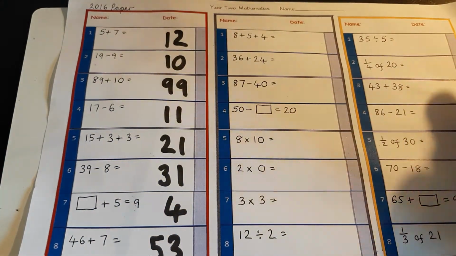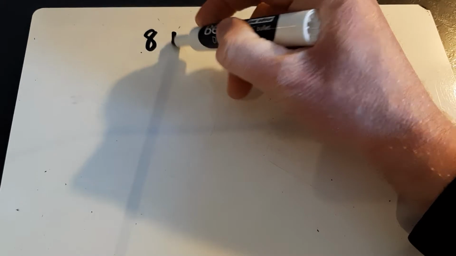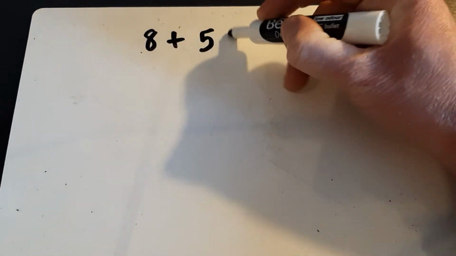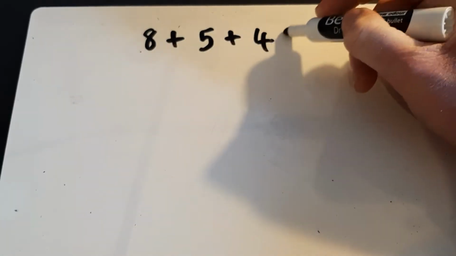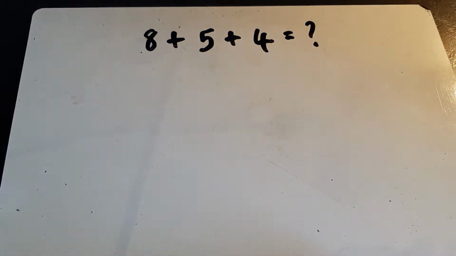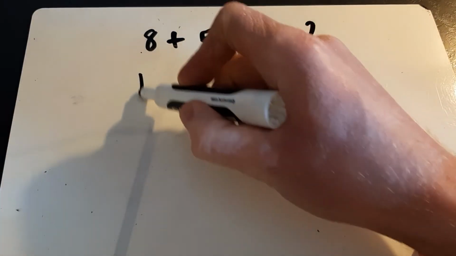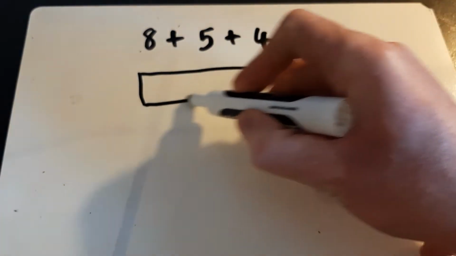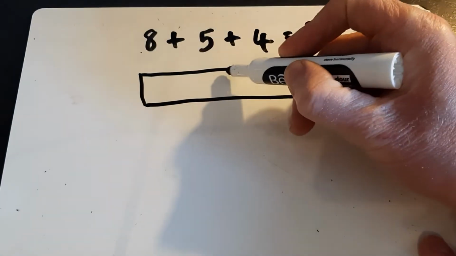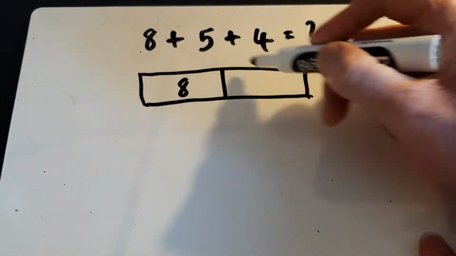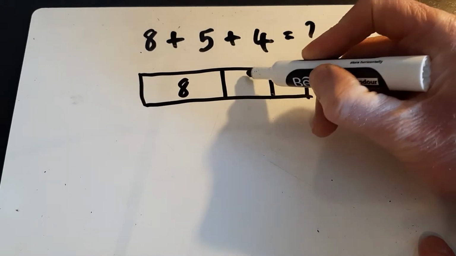Question 1 on the 2016 paper is 8 add 5 add 4. So this is more of a part whole question, and using our bar modeling technique, you've got 8, 5.